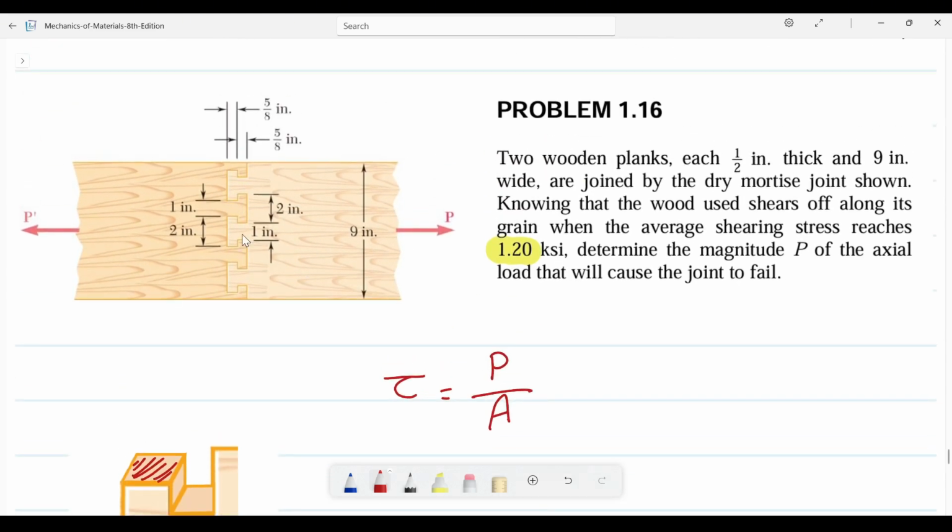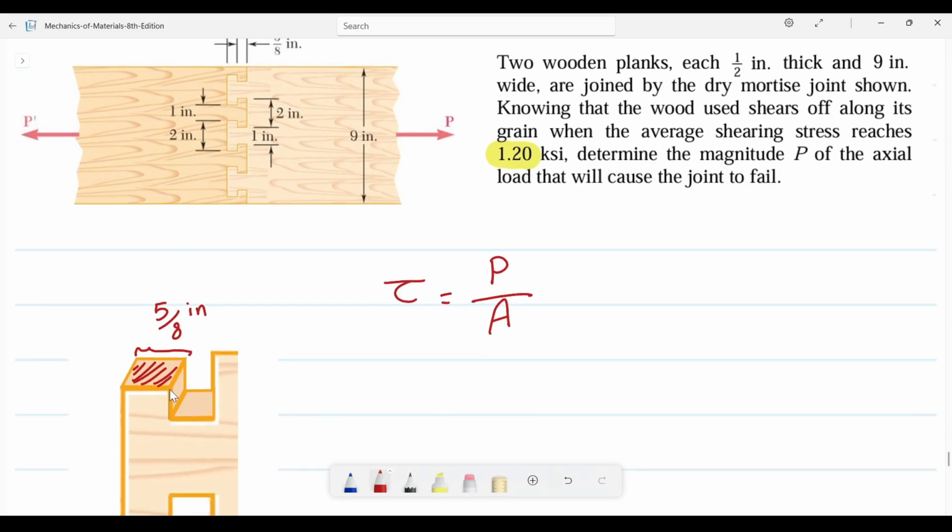and according to the figure we have here 5 divided by 8 inch, and here is equal a half an inch according to this part, and area is equal 1 divided by 2 multiplied by 5 divided by 8 inch.